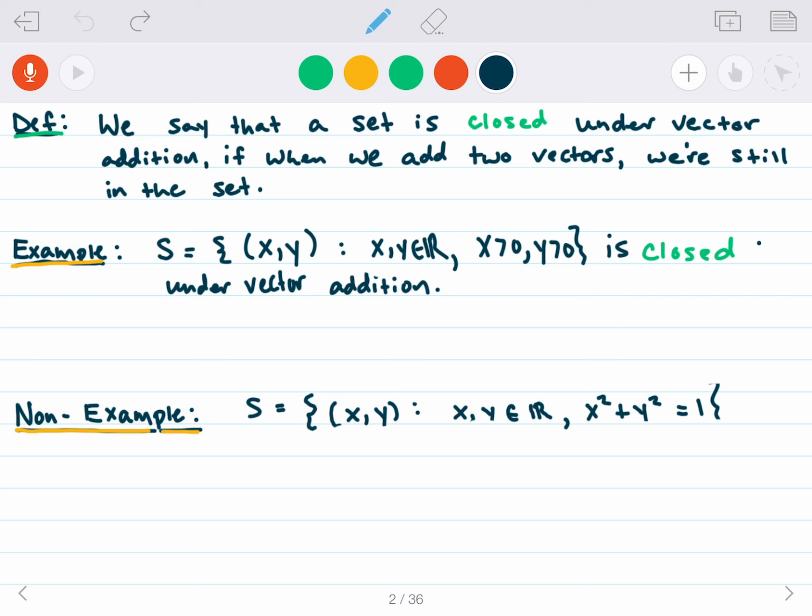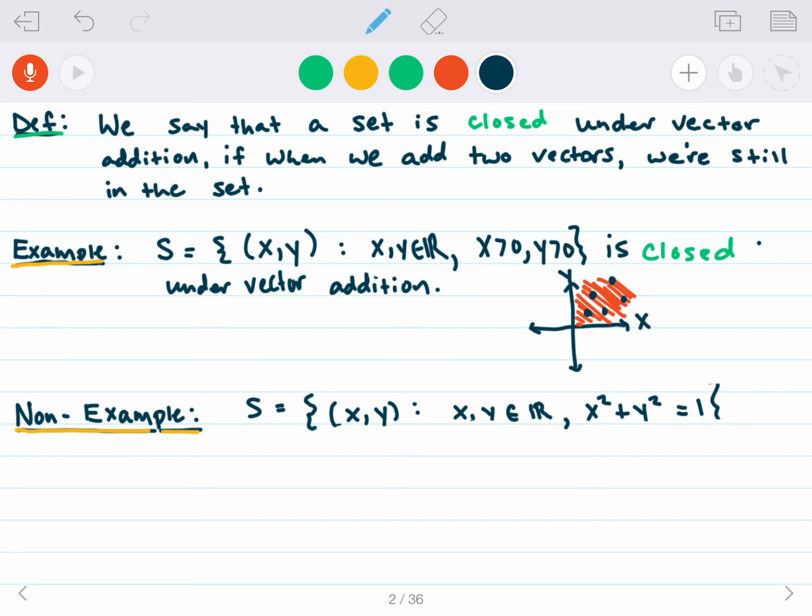Here's our x-axis, here's our y-axis, and anything in this set is going to be in this first quadrant right here. This set is closed under vector addition because if you add any two things in the first quadrant, you're still going to get x and y being positive.